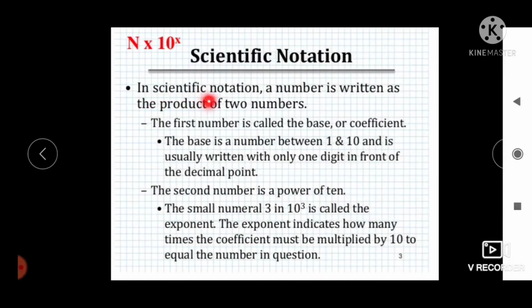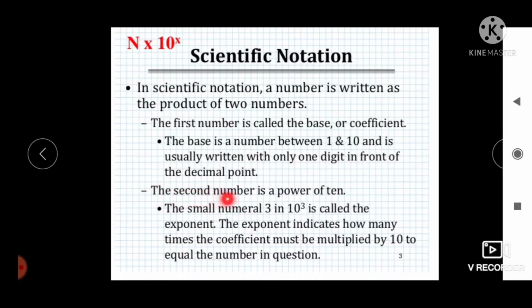In scientific notation, a number is written as the product of two numbers. The first number is called the base or coefficient, that is N. The base is a number between 1 and 10 and is usually written with only one digit in front of the decimal point. We can write only one non-zero number in front of the decimal point.